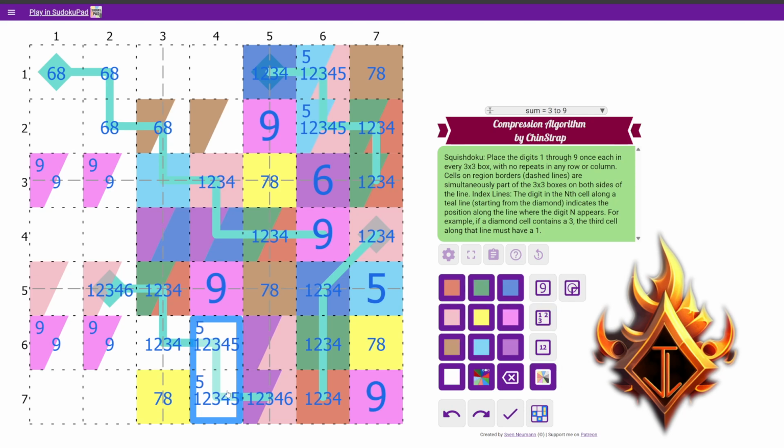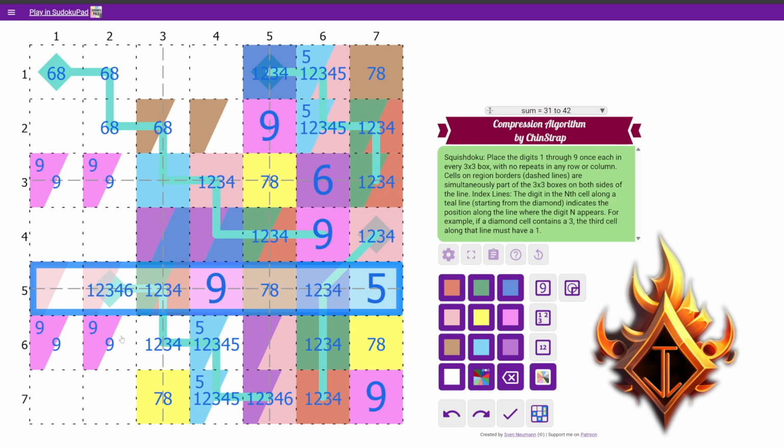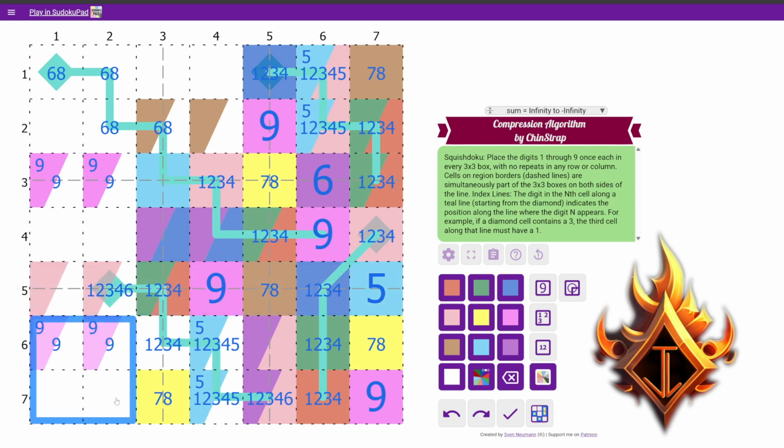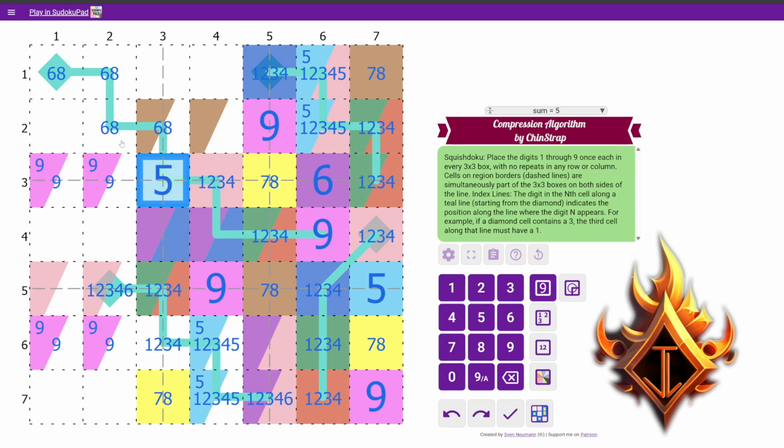But 5 is here. 5 is of the lightest blue. 5. It's in that one, so it's in all 4 of those at once. So it only needs to be down here somewhere. Light blue is 5, isn't it? And what number is that indexing? Self.